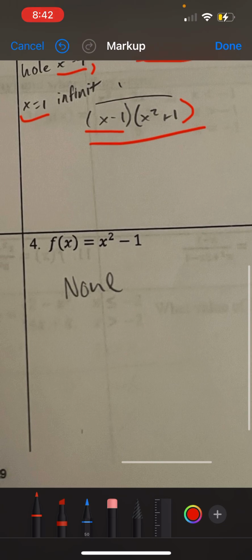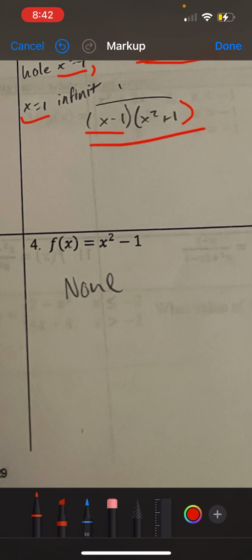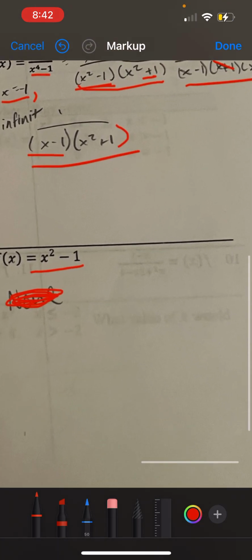And then this one is just no discontinuity, because there's no denominator, so there's no vertical asymptote. And actually this can factor, so I'm not sure if whenever I wrote this I was right, but let me just see.